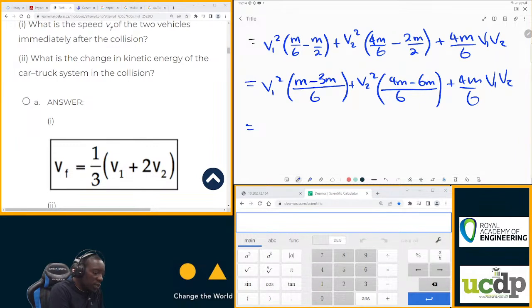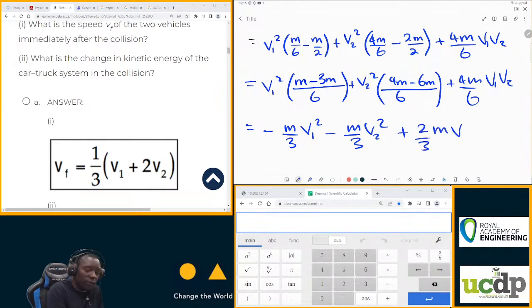So this gives us minus 2m over 6, which is minus m over 3 V1 squared. This also gives us minus 2m over 6, minus m over 3 V2 squared, then plus 2 over 3 m V1 V2.